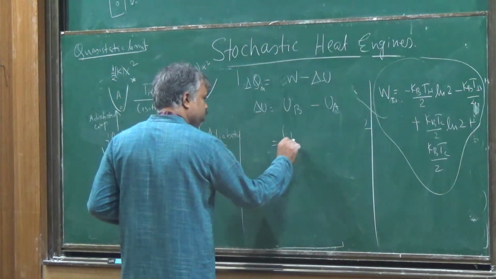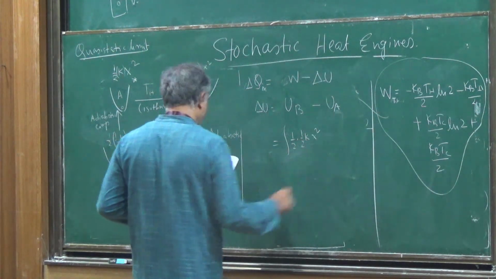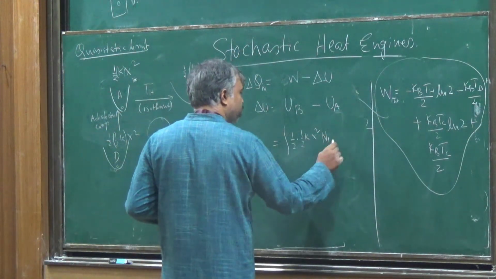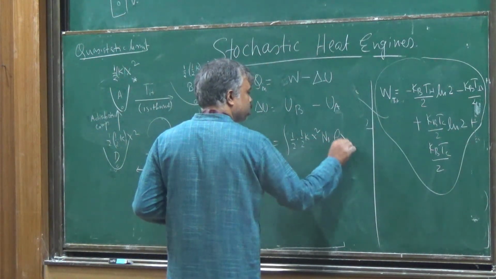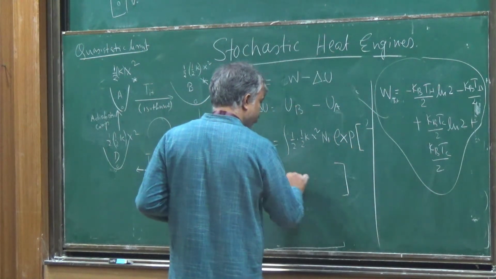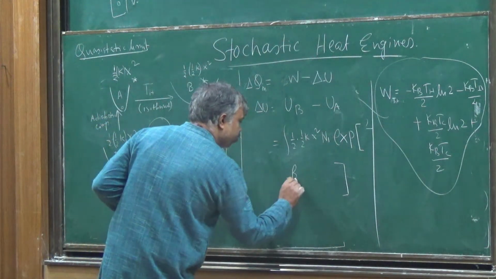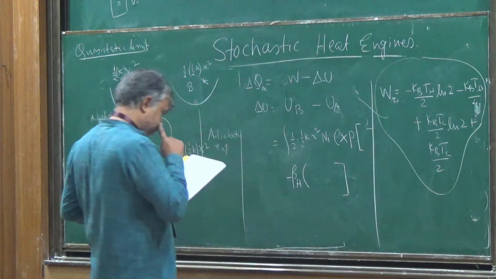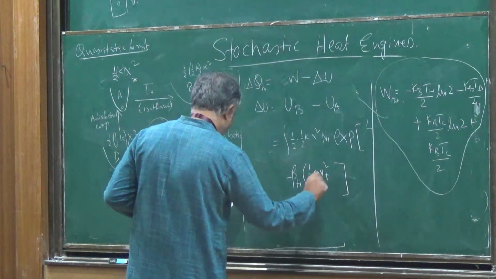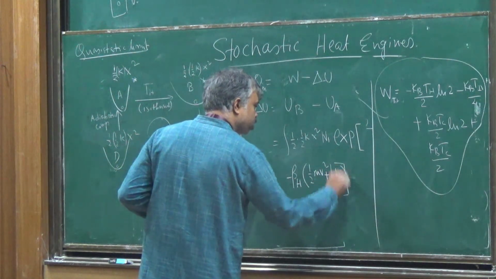All in average: integral of half K x squared, times the normalization of the probability distribution, times e to the minus beta times half m v squared plus half K x squared.